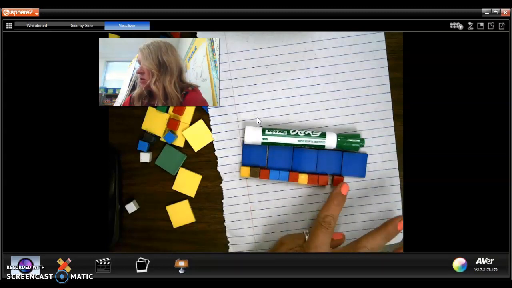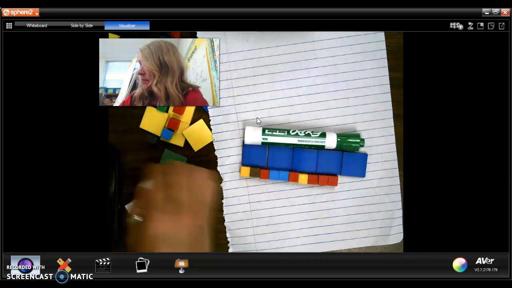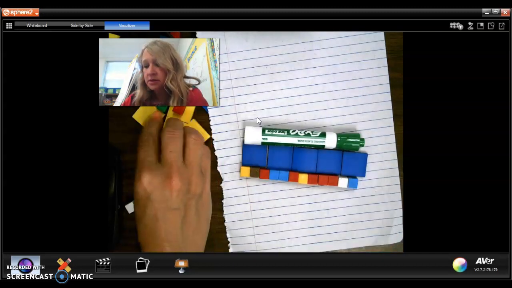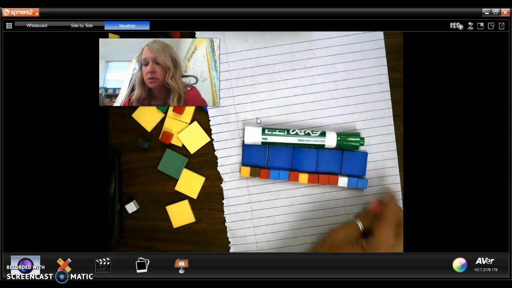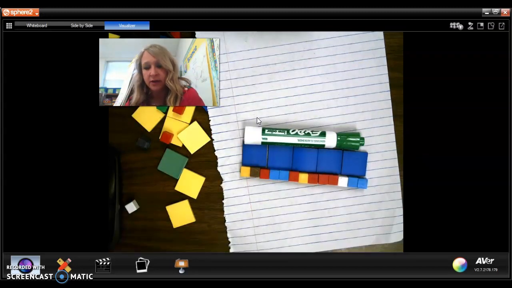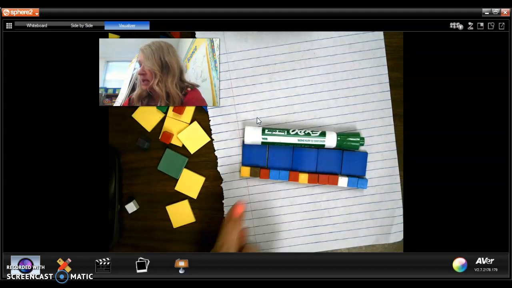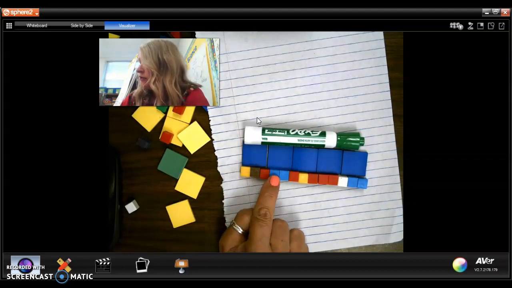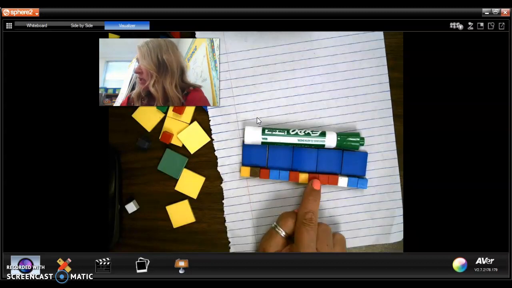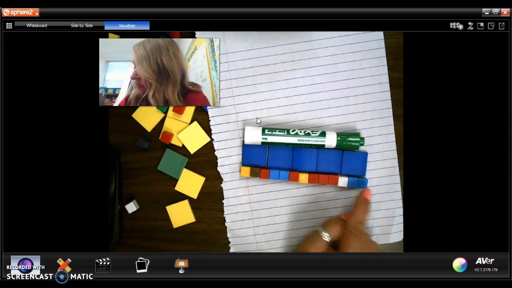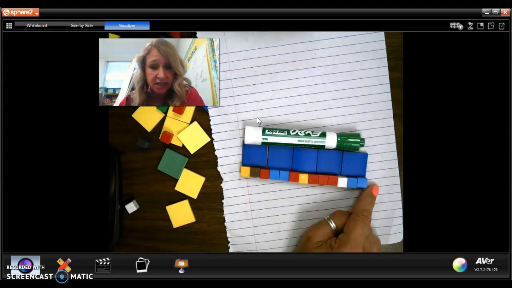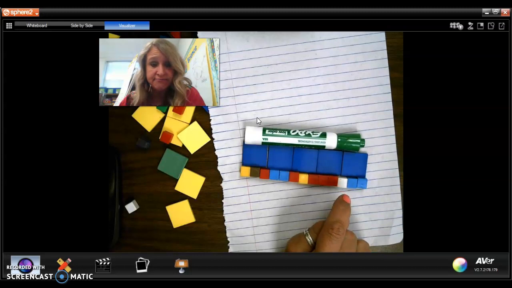No gaps, no overlaps. And let's see, one more. All right, that looks about the same. Now let's see how many ones units I used. 1, 2, 3, 4, 5, 6, 7, 8, 9, 10, 11, 12, 13. I used 13 ones units.